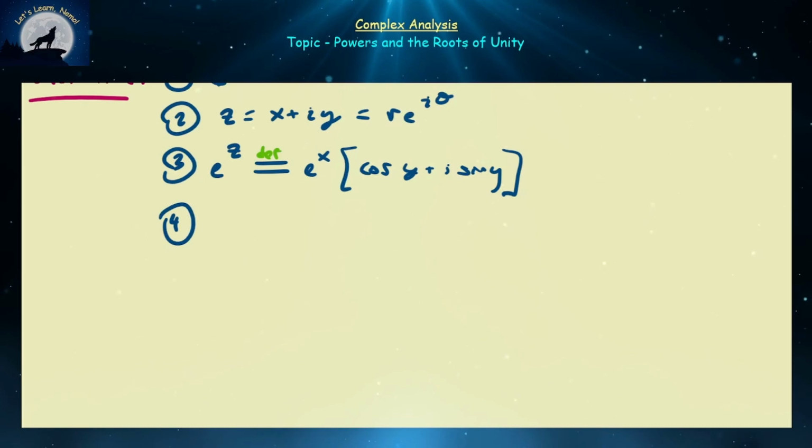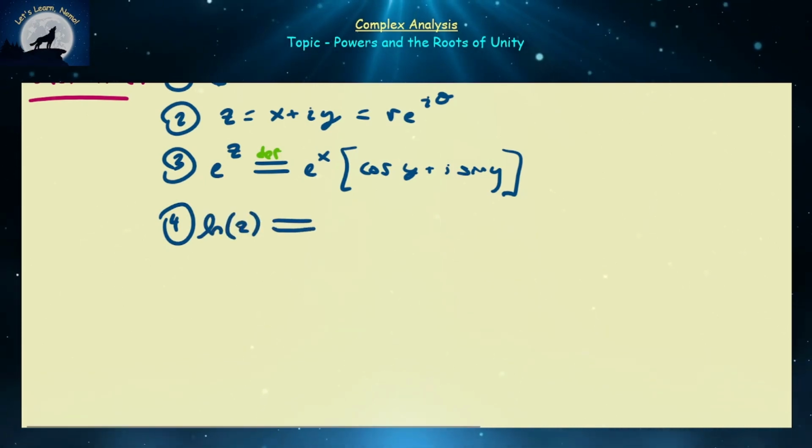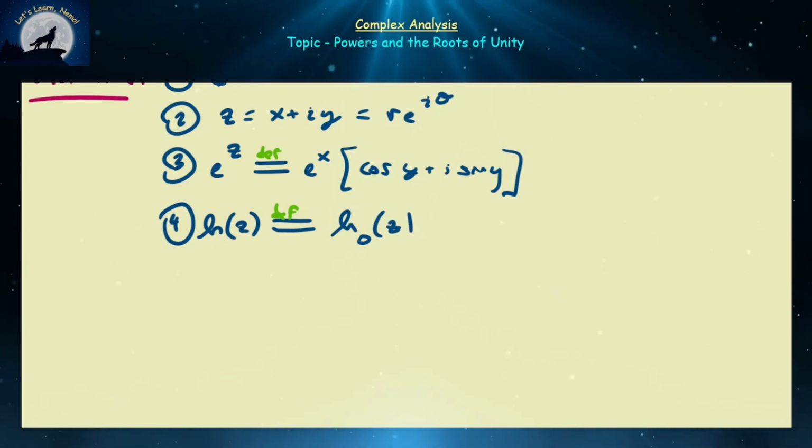And from it, you're like, okay, well maybe we can also define the natural log of z, and indeed we can. So we came up with the definition that the natural log of z will be defined to be the natural log of the norm of z. So I'll just write it as the natural log of the norm of z. And that subscript 0 just means it's going to be the typical natural logarithm that takes place in the set of real numbers, since the absolute value of z is always going to be a real number greater than 0.